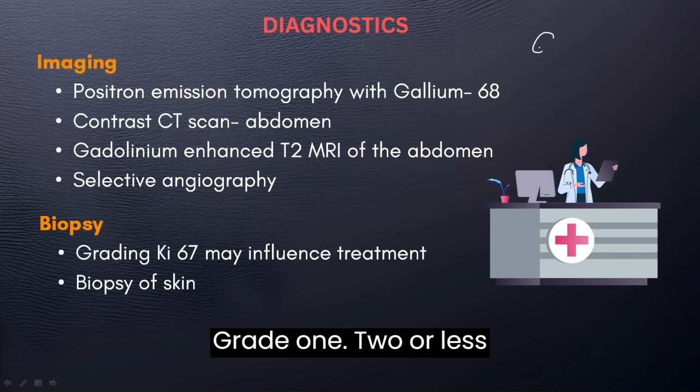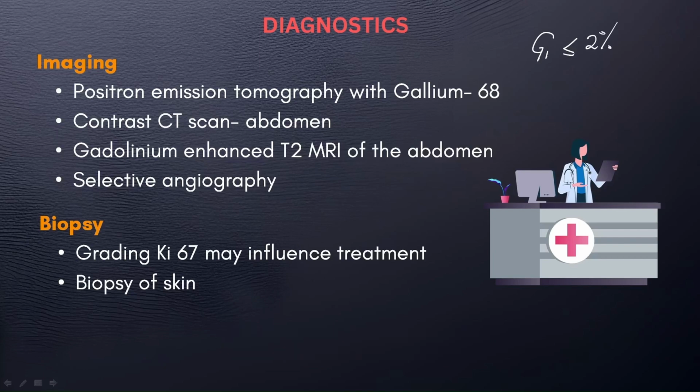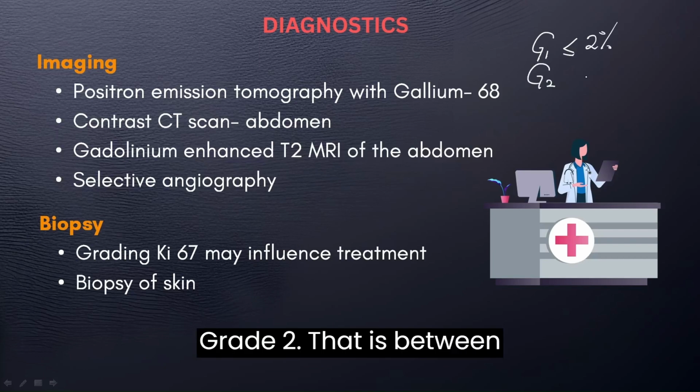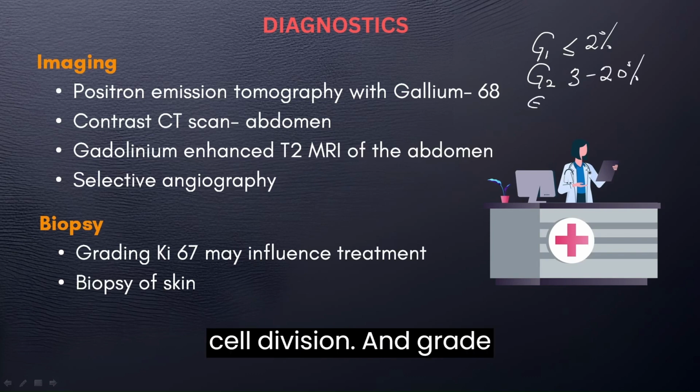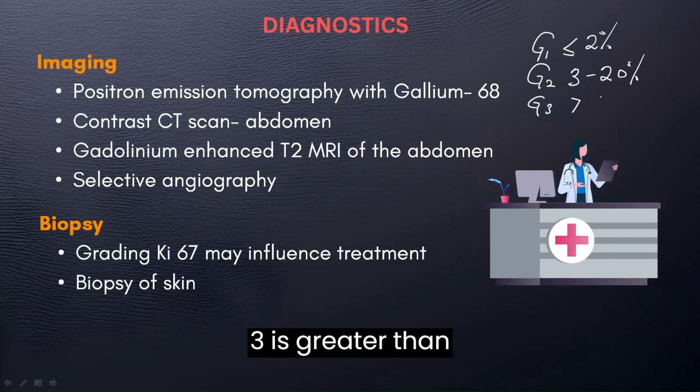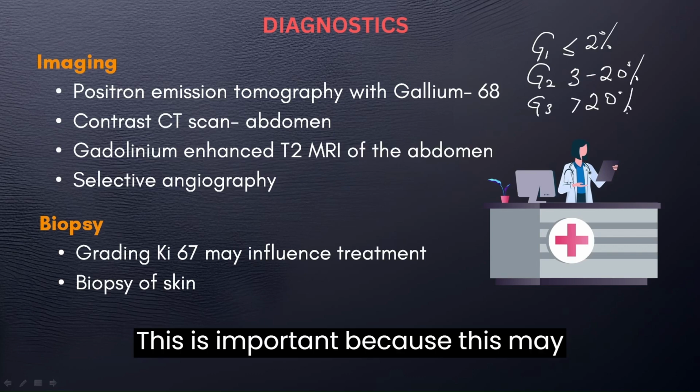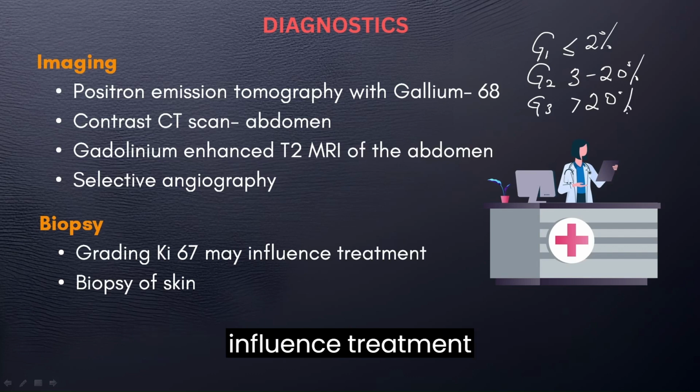Grade 1, 2 or less percent cell division. Grade 2, that is between 3 and 20% cell division. And grade 3 is greater than 20% cell division. This is important because this may influence treatment.